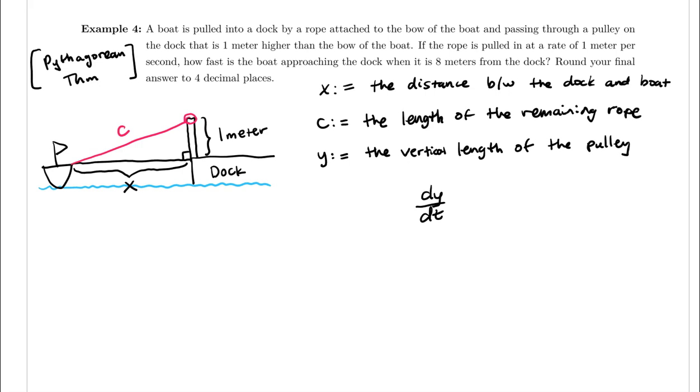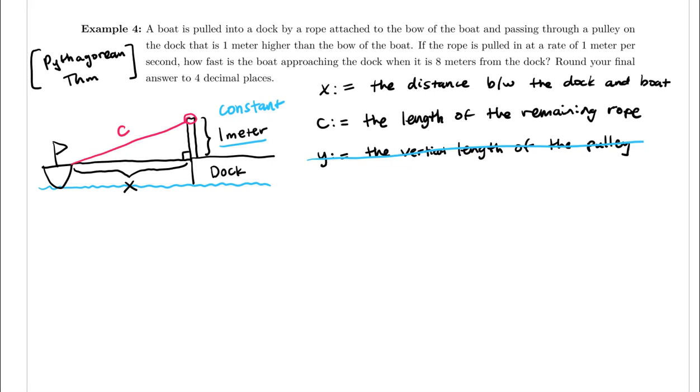The reason that I'm not giving the vertical length of the pulley a variable is because a variable is something that changes quantity, the thing that we're measuring. But in this case, the height of the pulley is not changing. This 1 meter, the height of the pulley, is constant. And so that's why we're not giving it a variable name.